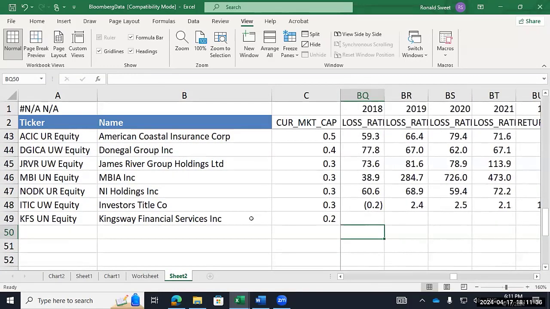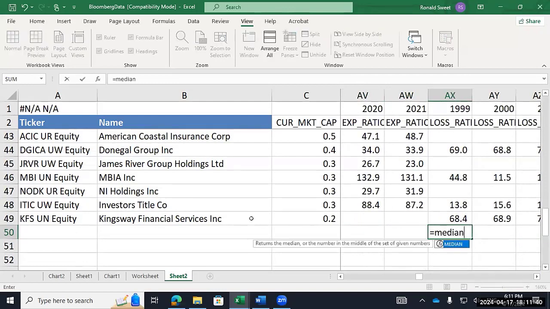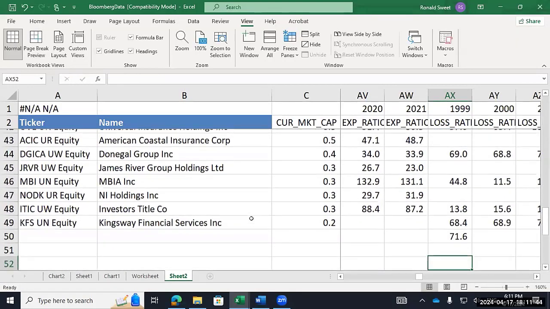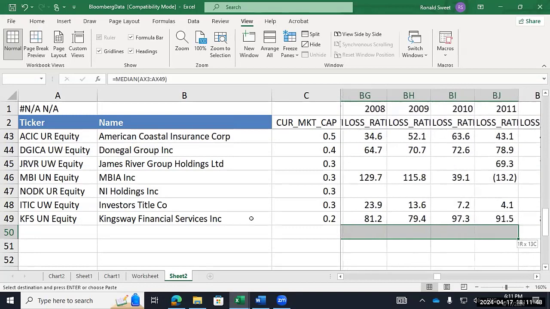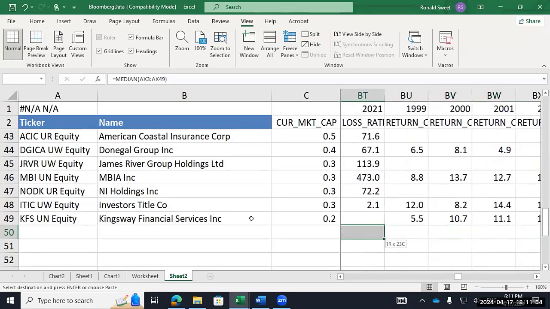So if we come over here on loss ratios and do equal median, it might not work. One thing on medians: if there's no data, I have it put two quotation marks. But for some reason on the medians, it counts those as cells.